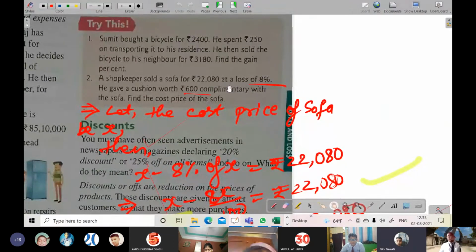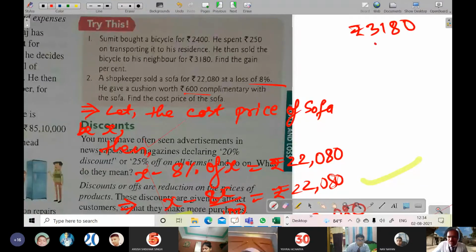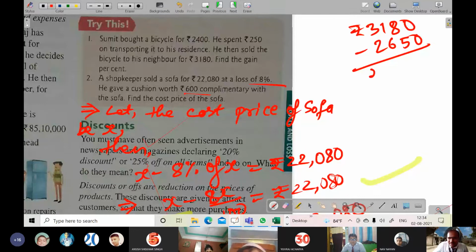Gain, it will become how much? Rupees 530, that is 3180 minus 2650. 530 will become gain. And gain percent is 20%.